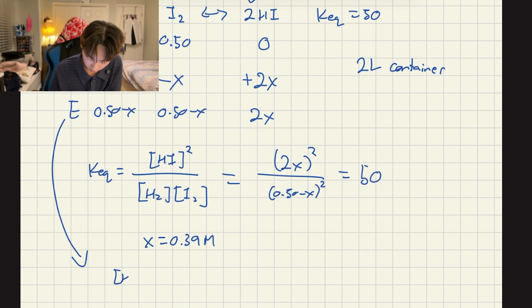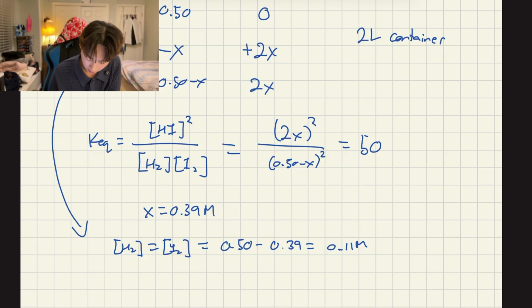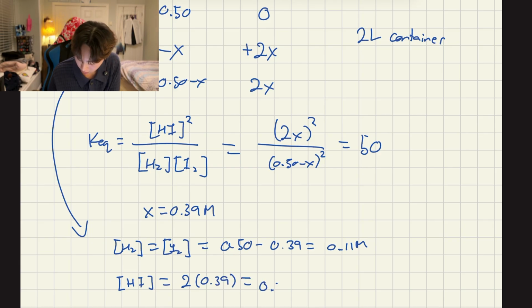So concentration of H2 is equal to the concentration of I2, which is equal to 0.50 minus x, which is 0.39, and that should give you 0.11 molar. And then concentration of HI is equal to 2x, so 2 times 0.39, which is equal to 0.78 molar. And there's your answer.